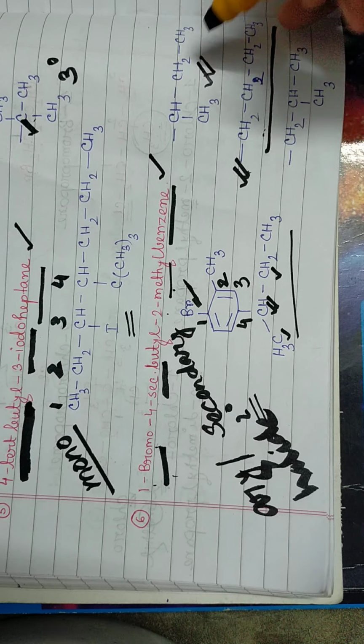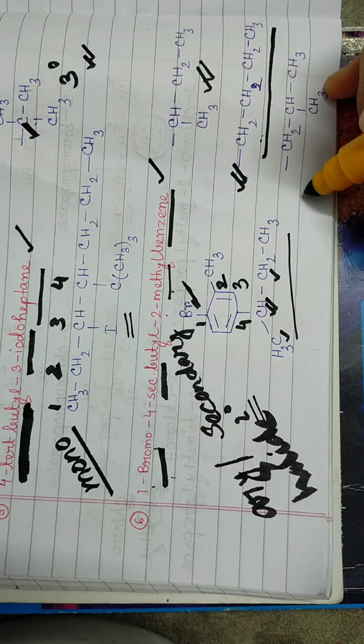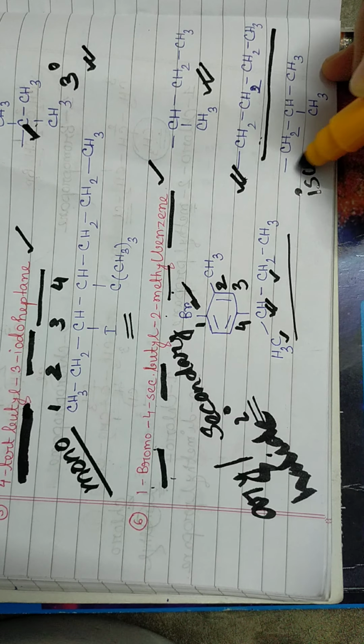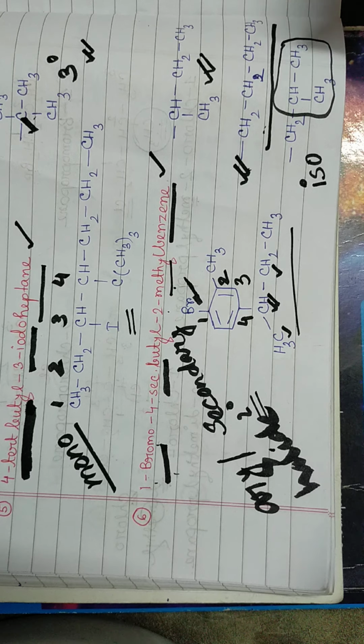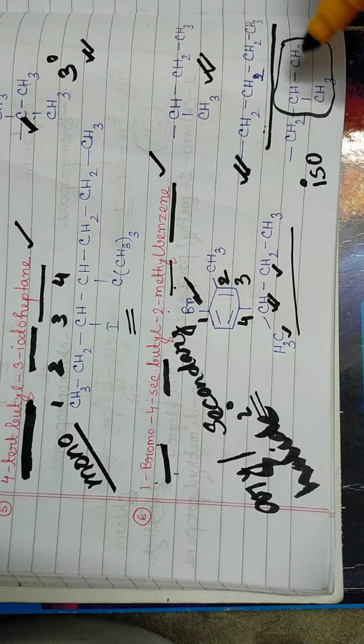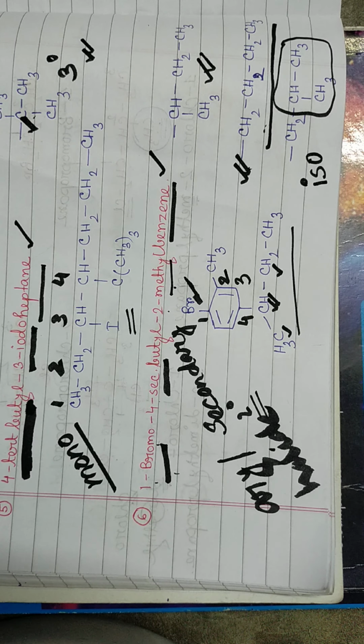This is our 2 degree, this is our 3 degree, and this one is another one which is called the isobutyl group. This branching, where the CH, CH3, CH3 part is present, is called the iso group, and since the number of carbons is 4, it is the isobutyl group. So these are the different types of butyl groups.